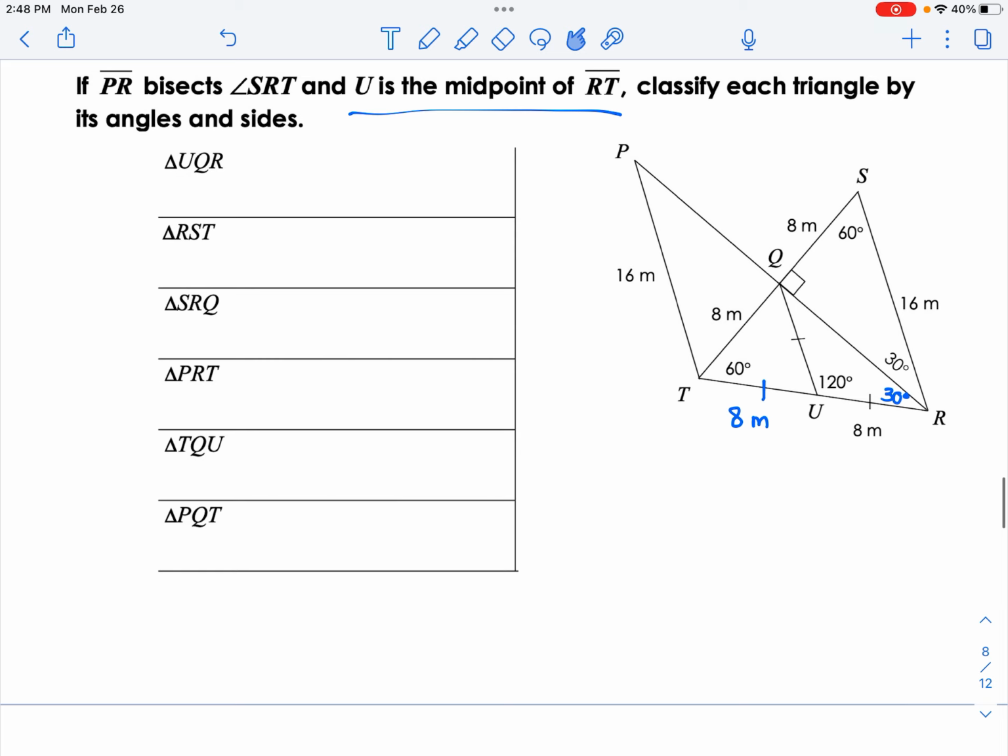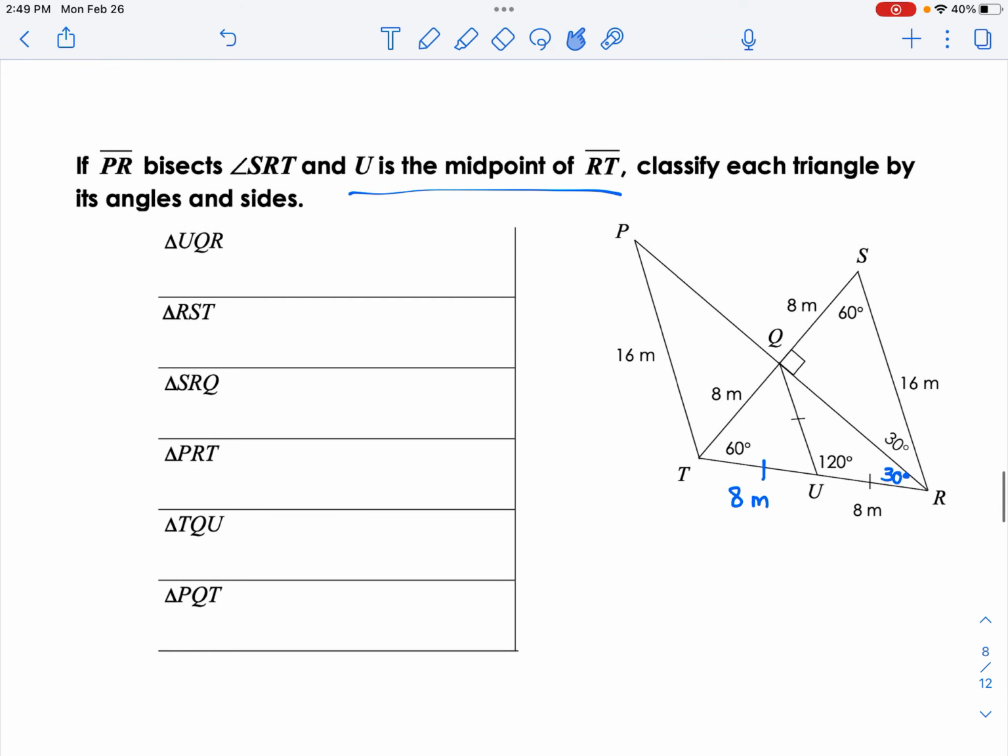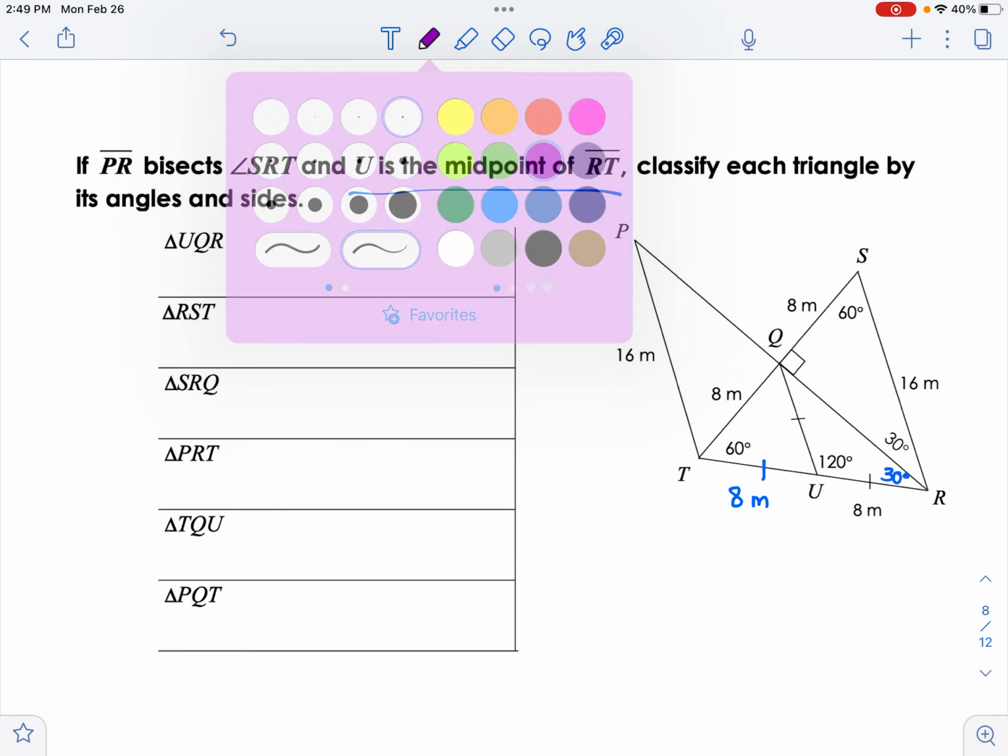Okay, so let's look at UQR. It does say to classify this triangle by its angles and its sides. So I got to do both. So I want to make sure I write both. UQR is right here.